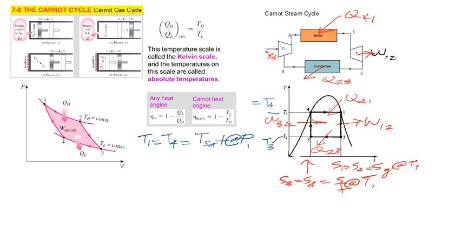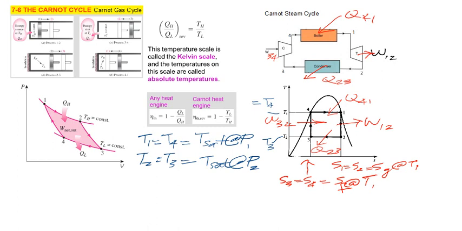Whereas T2, which is equal to T3, is also the saturation temperature at the given pressure on the low side, which is the condenser pressure.